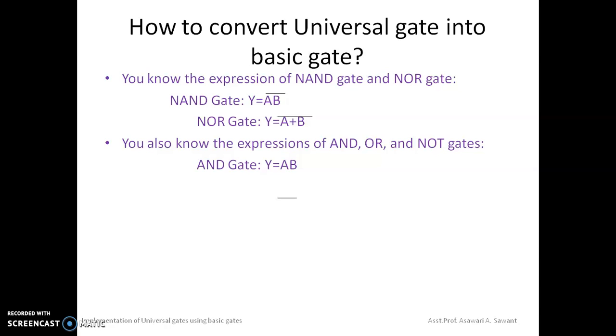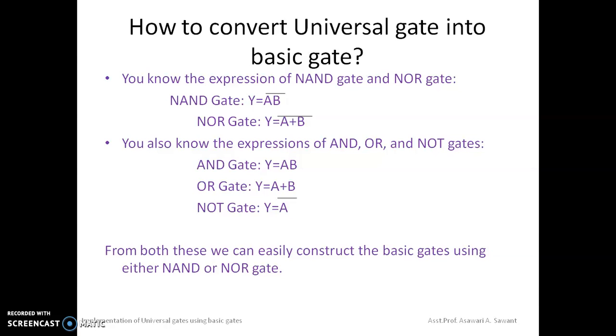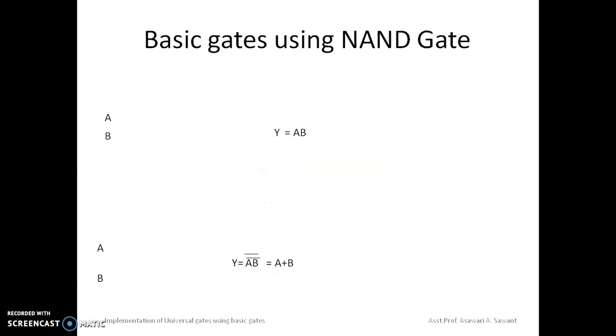The expression of AND gate is AB, OR gate expression is A plus B, and NOT gate expression is A bar. From both these, we can easily construct the basic gates using either NAND or NOR gate. Now let us see how to construct basic gates using NAND gate.